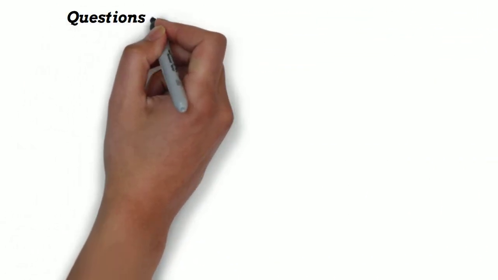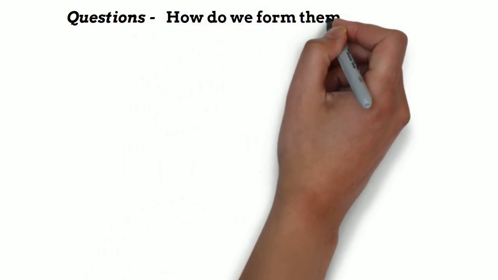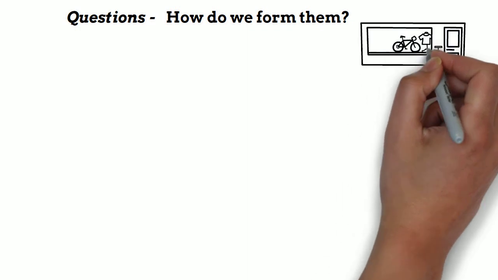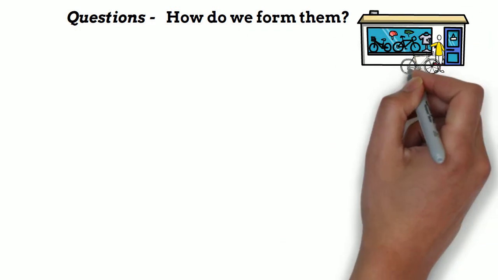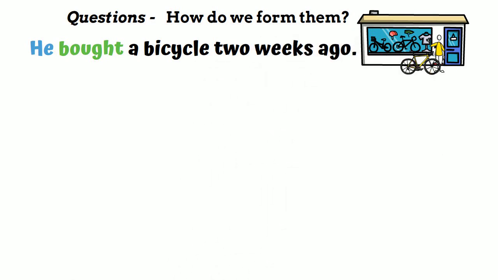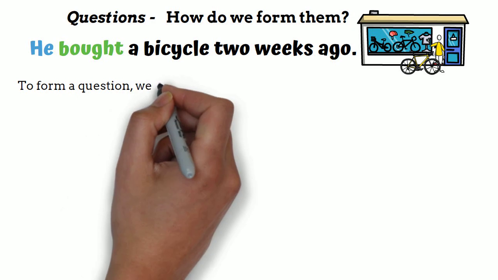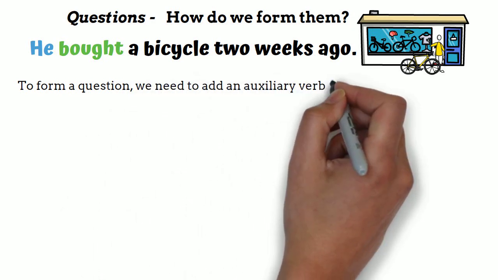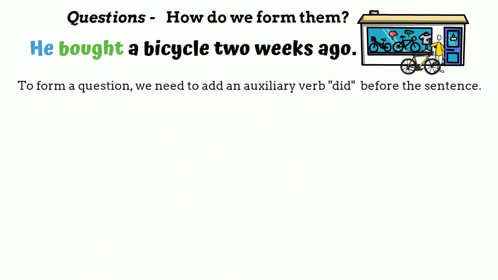Okay, let's now look at the questions. How do we form the questions? Let's see our example again. He bought a bicycle 2 weeks ago. To form a question, we need to add an auxiliary verb did before the sentence.